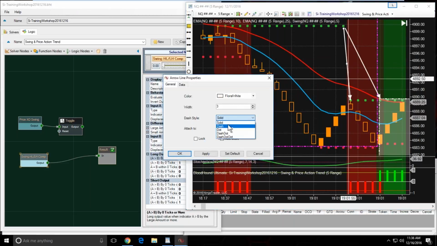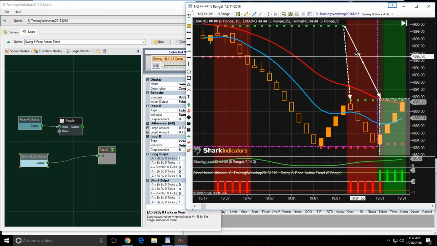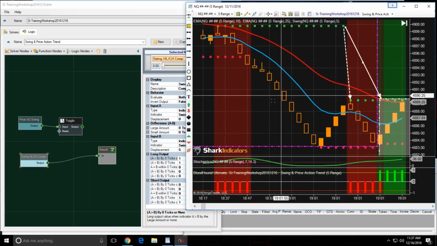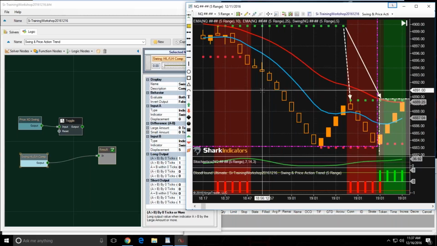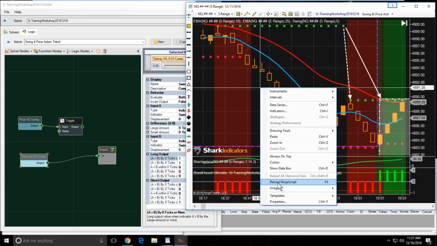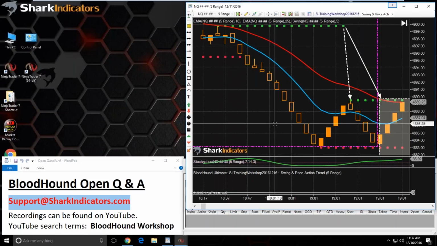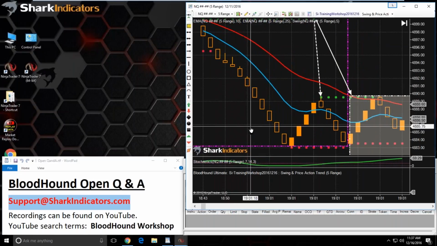Normally that should not be the case. In real time, this is when BloodHound will identify when the plot steps down. So, the way you can see how it's going to look in real time is, again, we're just going to refresh the chart. There we go. And let's see here.